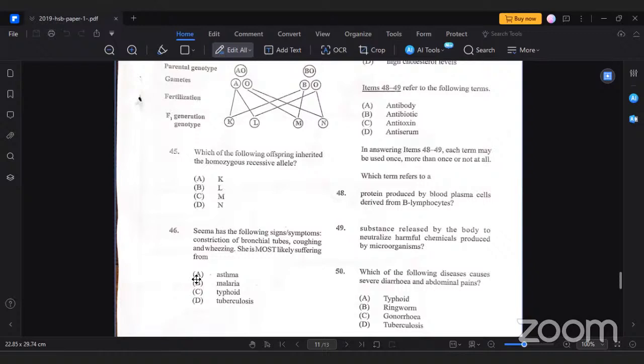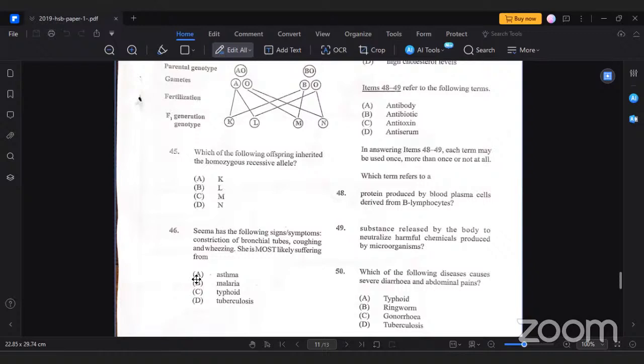Substances released by the body to neutralize harmful chemicals produced by microorganisms. The word is neutralize harmful chemicals produced by microorganisms.